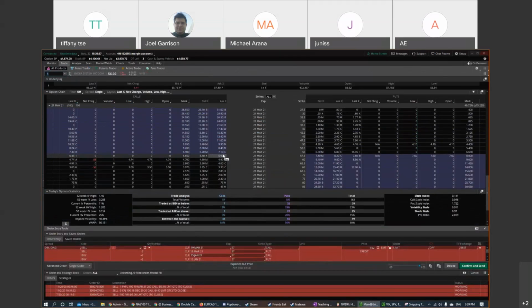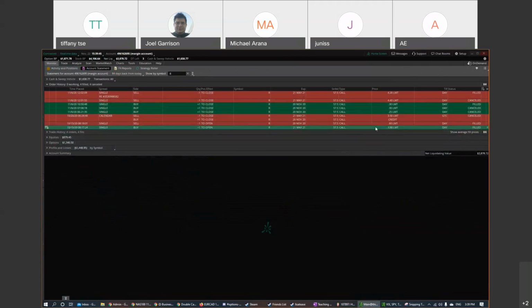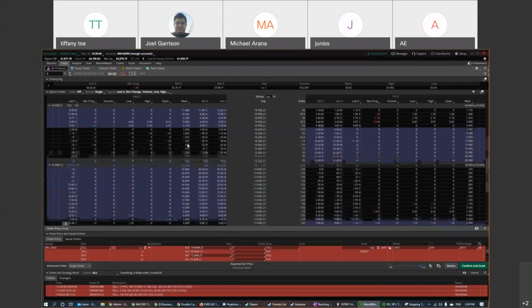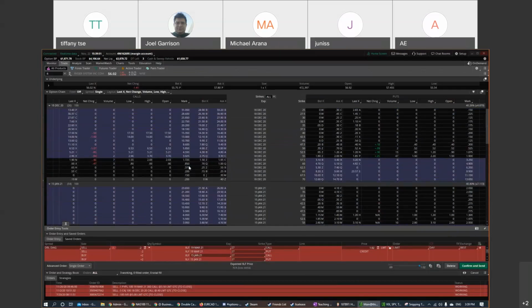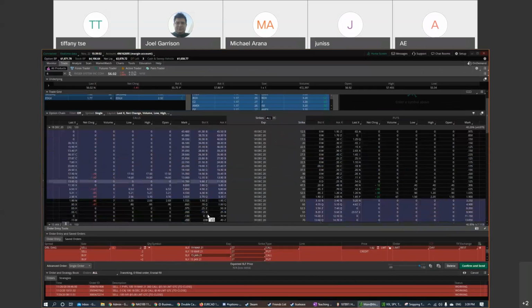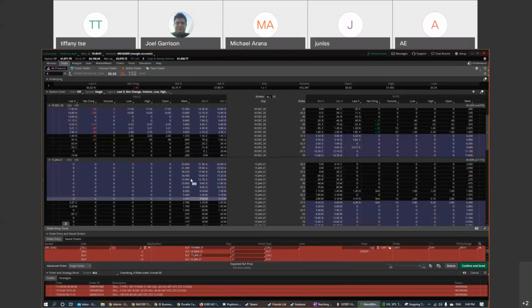I bought this one for $3.90, and I sold the 60. If I let that expire, that would have netted me $60. So I will keep selling the same strike to net me more profits as the month goes on.